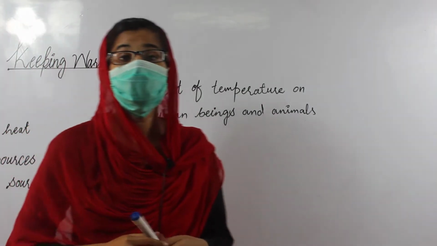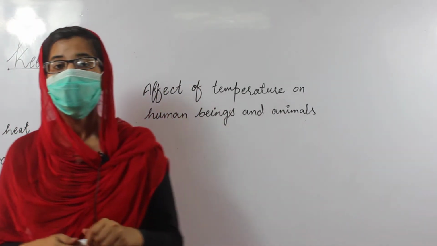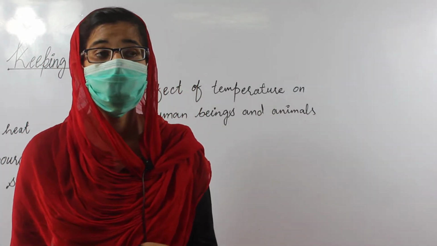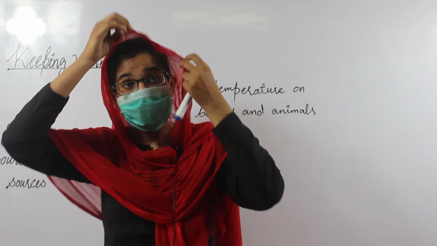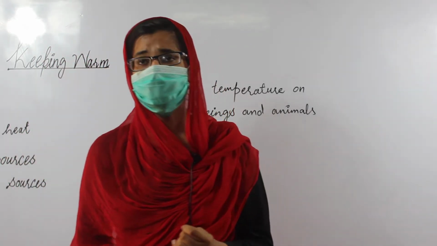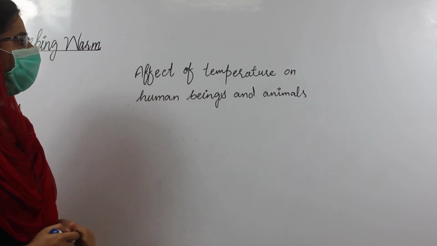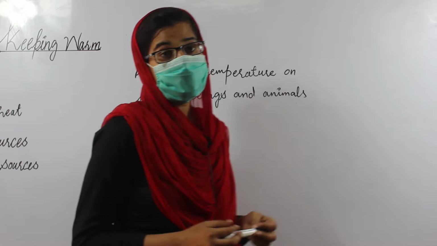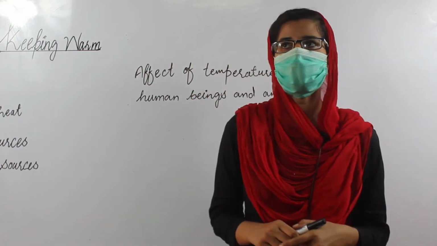How does temperature affect human beings and animals? If you look at the daily newspaper and internet, you will see the daily weather report. The daily weather will change. Now, the next topic is effect of temperature on human beings and animals.